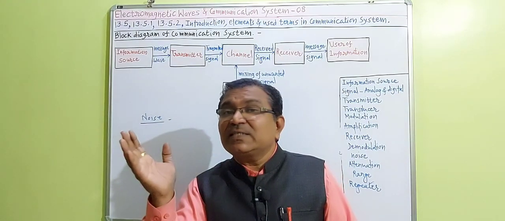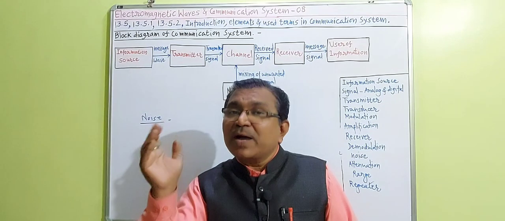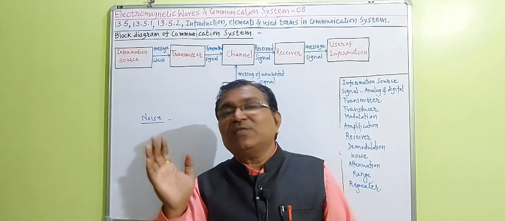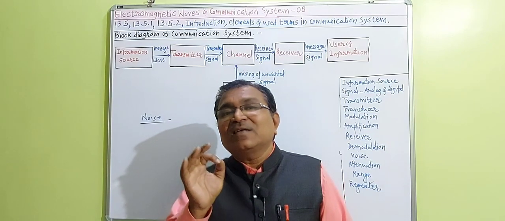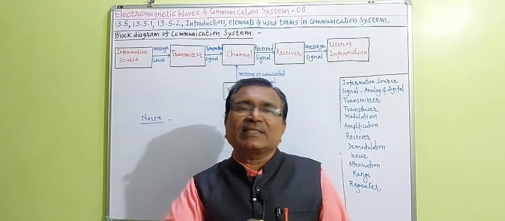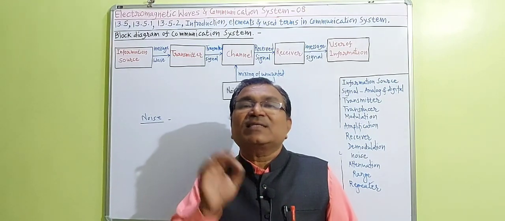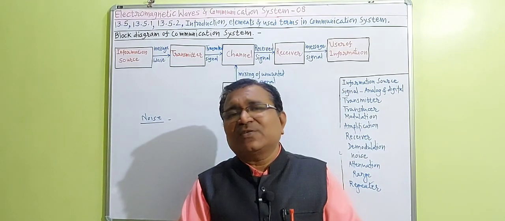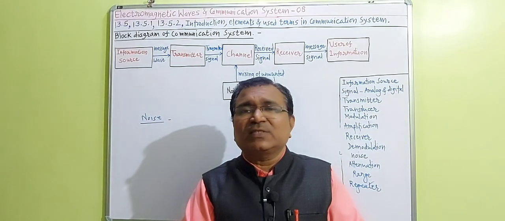Those unwanted signals are created by man. Those unwanted signals are man-made, artificial, and when such artificial signals are mixed into the electrical signal, it is called artificial noise. So this is all about artificial noise and natural noise, dear students.